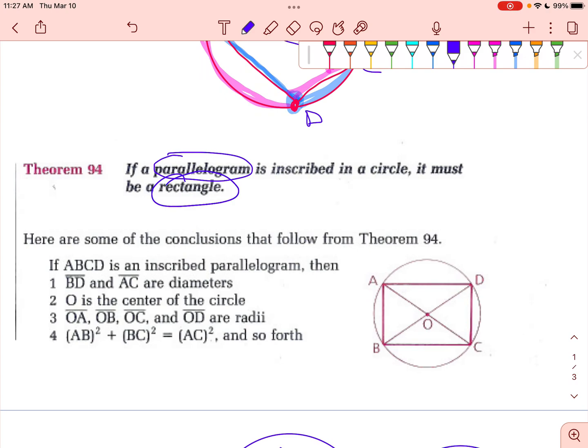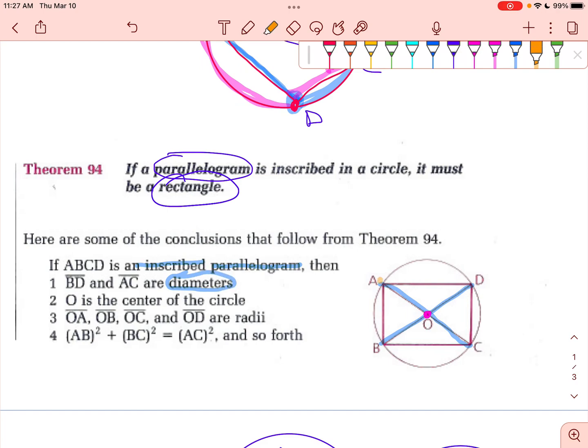And then here's some things that you can pull out from it. If ABCD is inscribed and it's a parallelogram, then BD and AC not only are congruent, because in a rectangle diagonals are congruent, but they are also diameters, which means they go through the center of the circle.